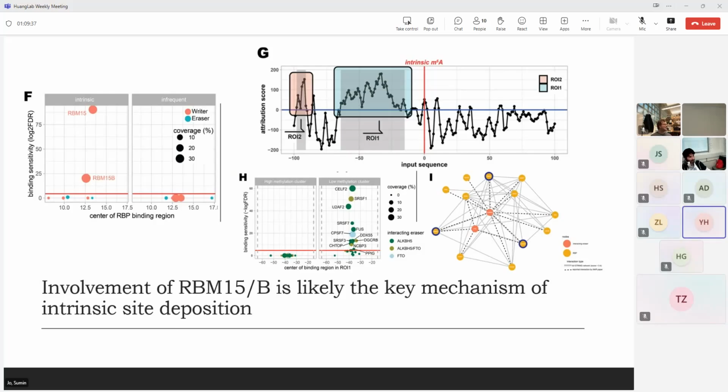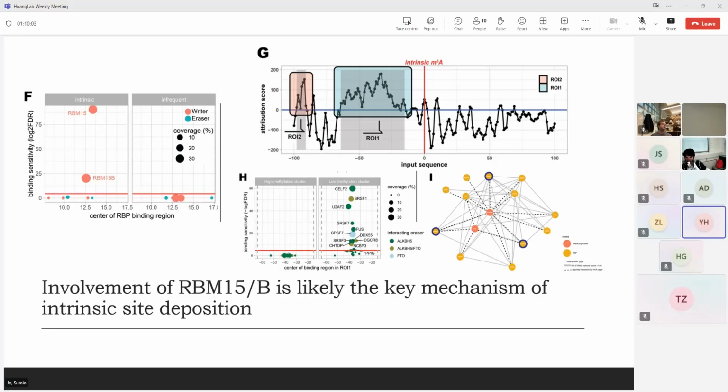Right? So attribution scores indicate how relevant a nucleotide is in classifying these two groups of M6A sites. Right? The higher attribution score suggests the higher relevance of these nucleotides associated with one group or the other, right?